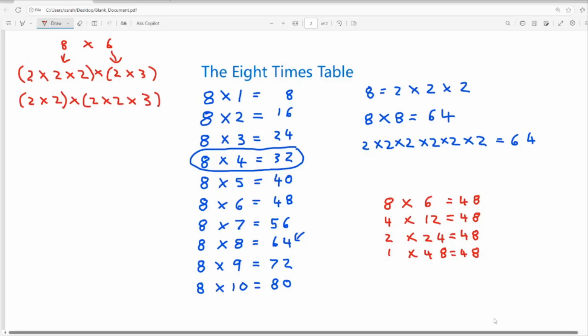When you're multiplying a whole lot of numbers together, it doesn't matter which order you multiply them in, and it doesn't matter where you put the brackets. You can always rearrange it, because, you know, like 8 times 6 is the same as 6 times 8, and 2 times 2 times 2 times 2 times 3.